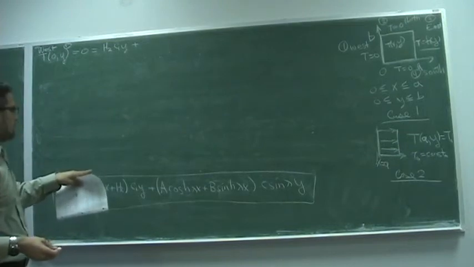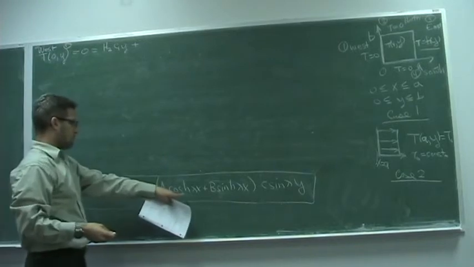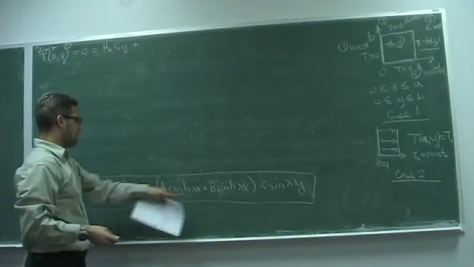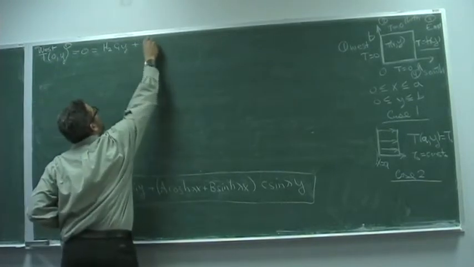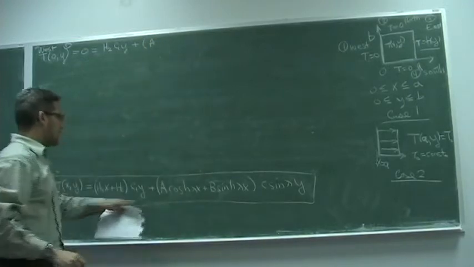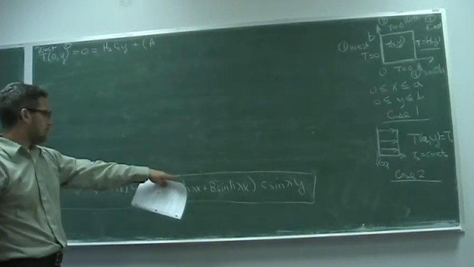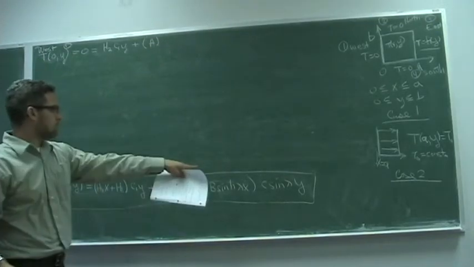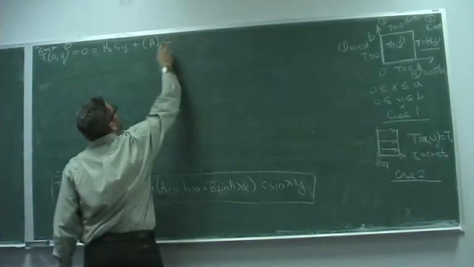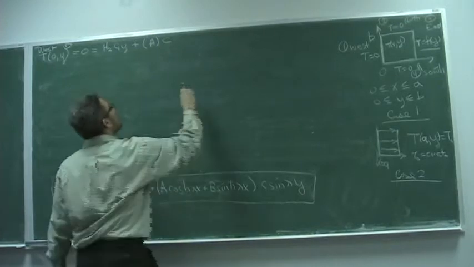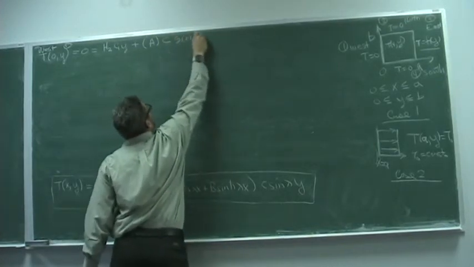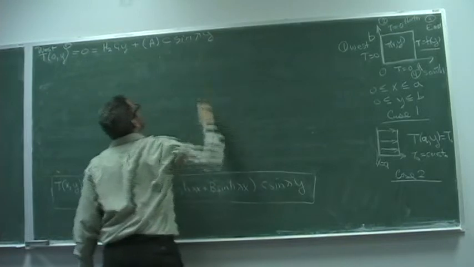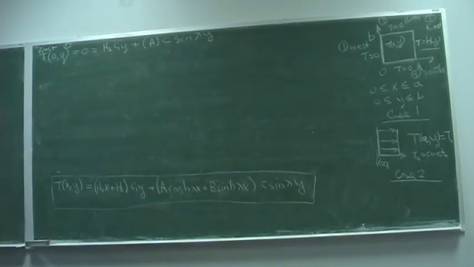Okay, so we got x equaling 0, so we just have cosine hyperbolic of 0, so you just have a, okay, and b sine hyperbolic of 0 is 0. So I just have this a here times c sine lambda y. Okay, so that's what I've got there.